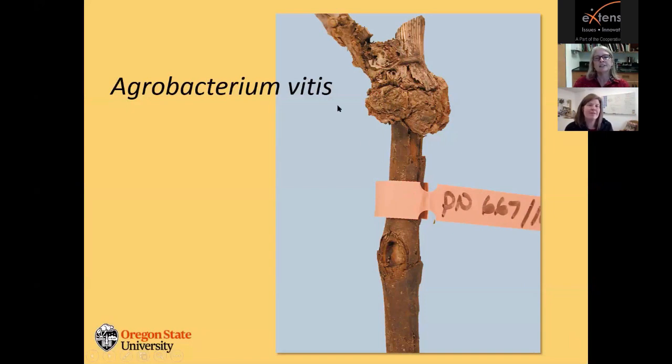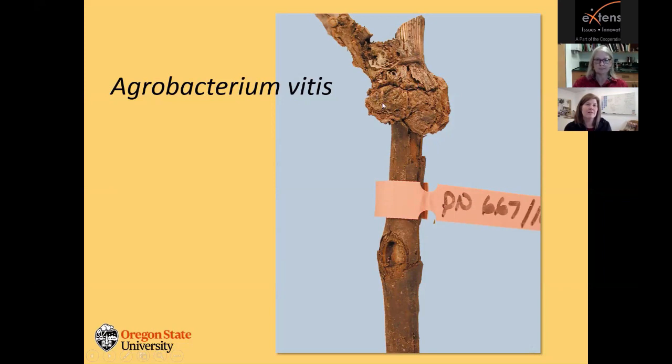And then finally, there's another species of Agrobacterium that affects only grapes, Vitis vinifera, and it's called Agrobacterium vitis. And here there's a gall that has occurred at the grafting union. So often with grapes, you'll have a rootstock that's of one variety, and then the scion wood will be the desirable variety, in this case, Pinot Noir.